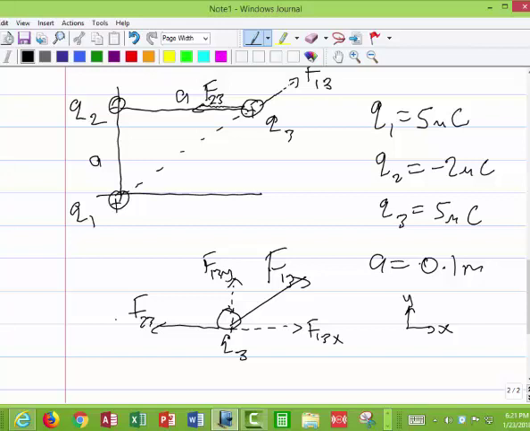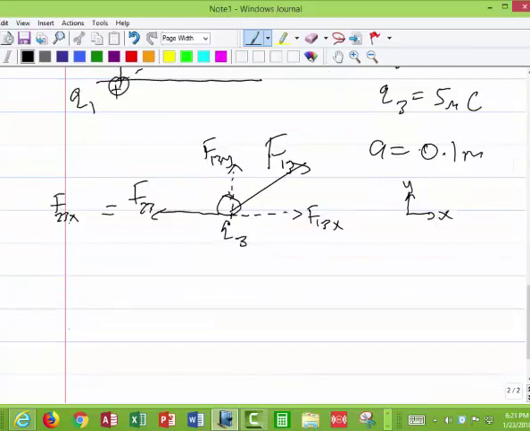And this F23 is just the same as F23x because it's already along the x-axis. So what we need to do is find F13 first, and then find F13 along x, F13 along y, and then F23 along x.